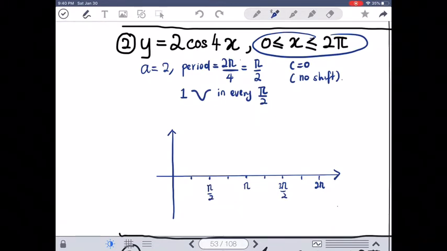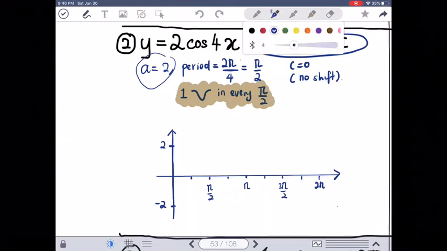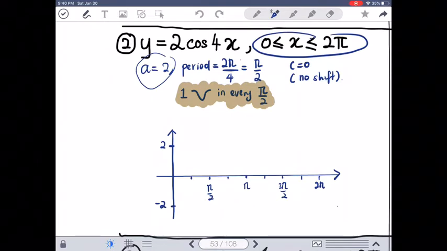And our amplitude is 2, so you can mark 2 and -2. For every pi over 2, there will be one cycle.